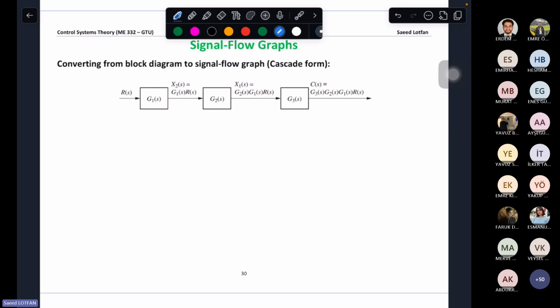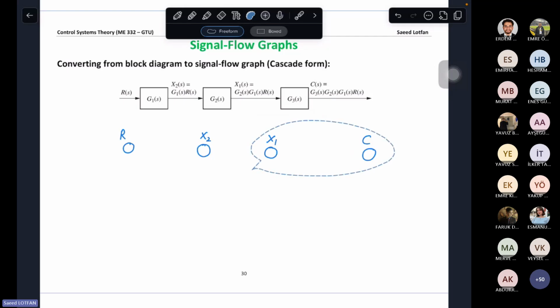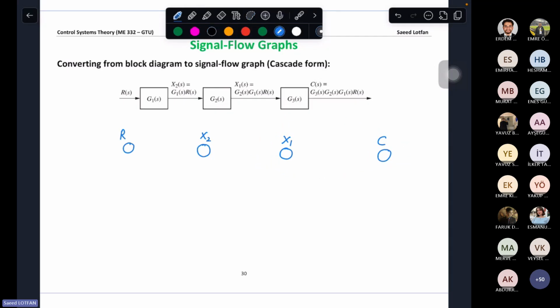In cascade form, we have these signals like R, X2, X1, and C. The reason we are naming these from right to left, that is X1 and X2, will be discussed in the state space representation, but learn it like this.